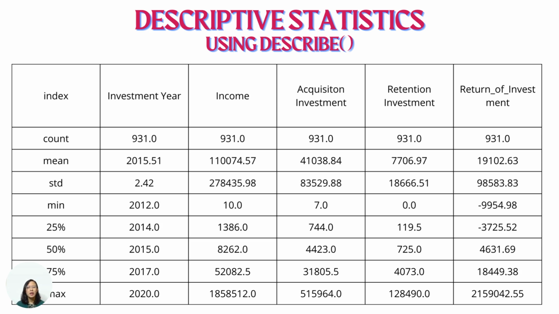And the investment that we have spent is about 41,000, but retention investment was only 7,000 on average. And we have the return on investment of 9102. So this is what we have to understand from the df.describe. We have to interpret what we see from the statistical values.